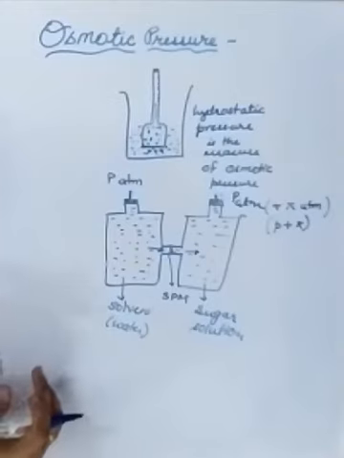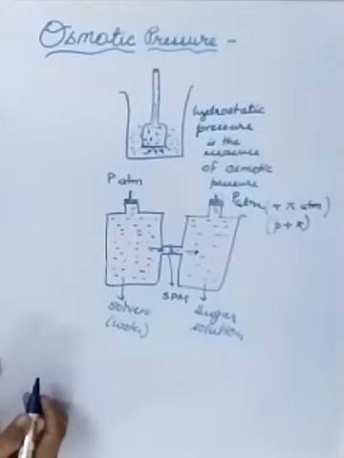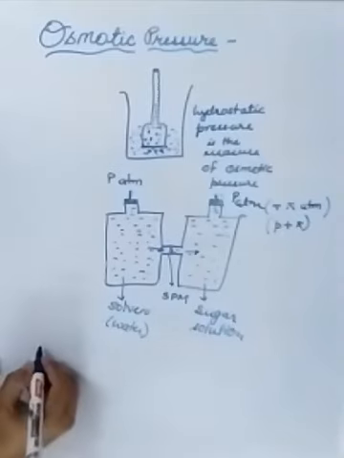So we'll see osmotic pressure as a colligative property. How will we define it?